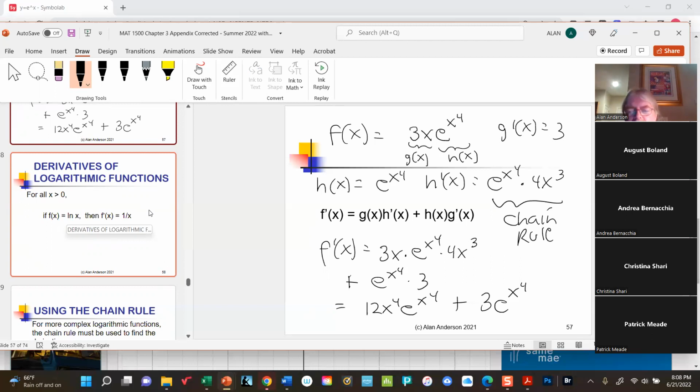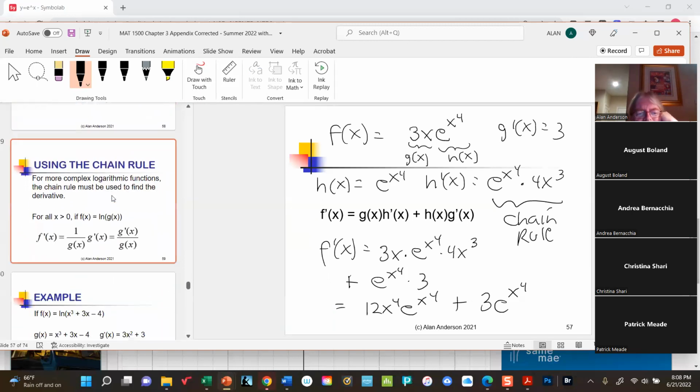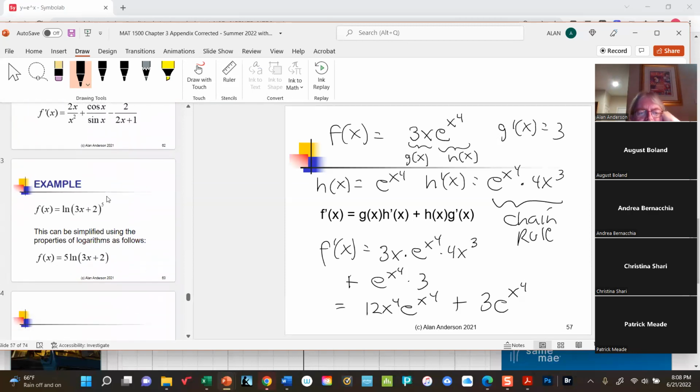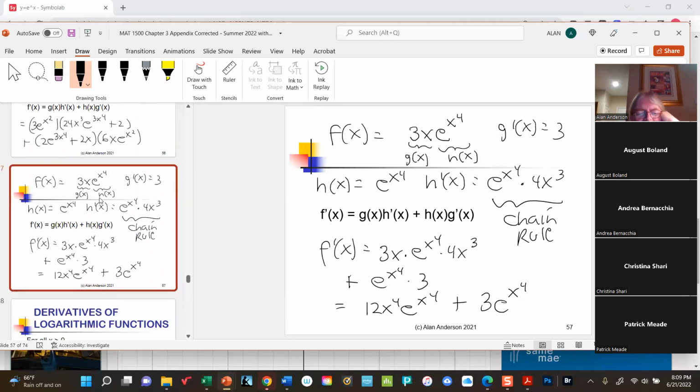When we're using functions of x, like the log of a function of x, then we'll need to use the chain rule. Some of these are a little bit messier than what we're doing with the exponential functions, but we'll get used to it. We've got several excellent examples here, and we'll get some practice with that.